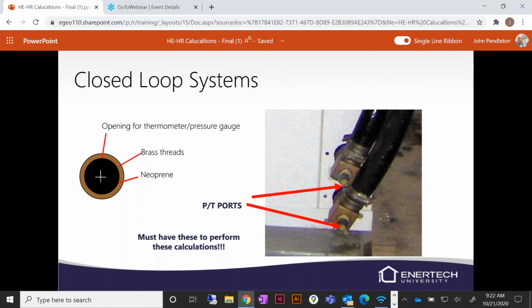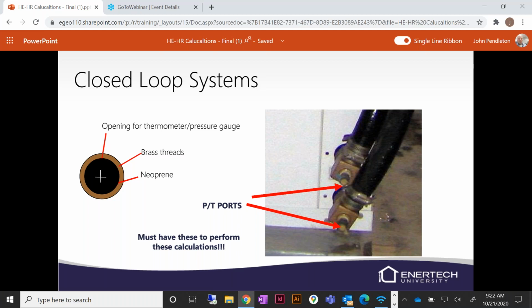Anytime you have a closed loop, or any kind of water coming in, pumping down, open loop, pressurized, non-pressurized, always install pressure temperature ports. Basically, the outside is brass, then it's got a neoprene black gasket or seal in there that's got a little X cut into it, and it does have some threads and a cap.